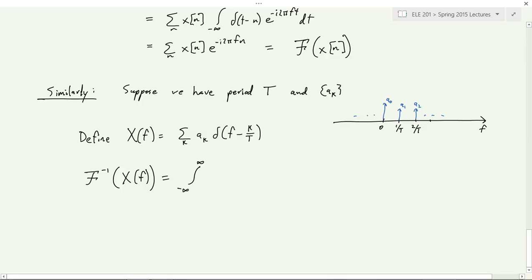Are we in discrete time or continuous time? Let's say we're in continuous time. Remember that affects the limits of the integral. Plug this in. And then we have e to the negative i, e to the positive i.